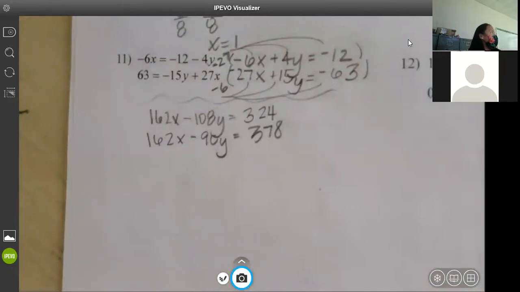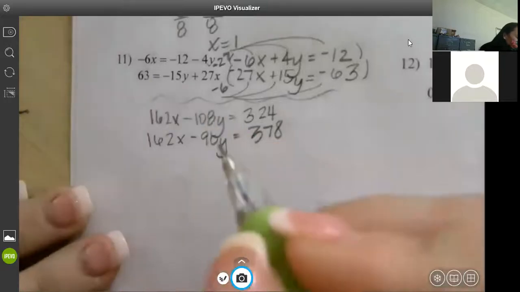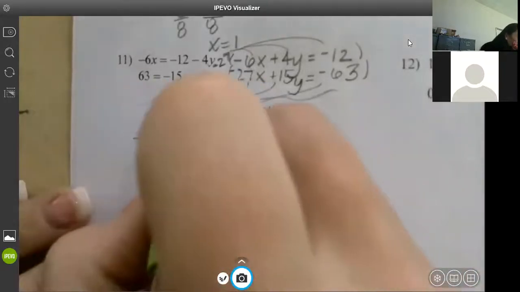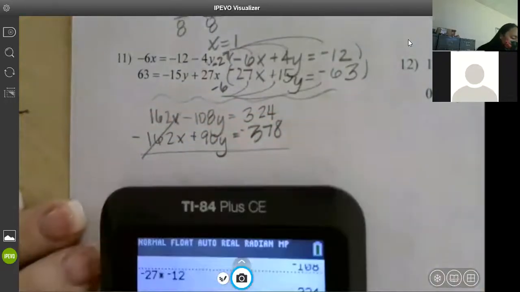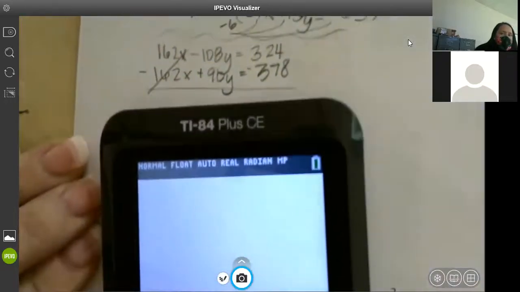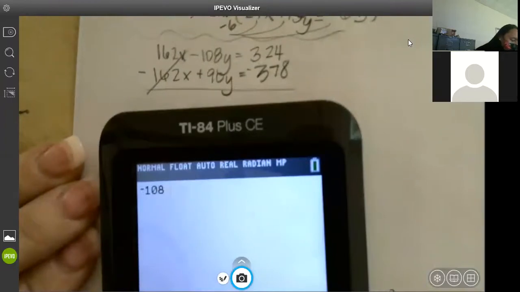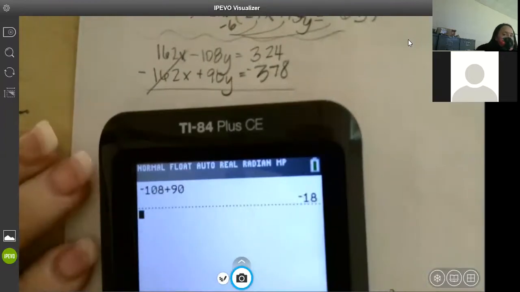How do I get them to cancel? Change, change, change. 162's cancel. We have -108 plus 90 gives us -18y.